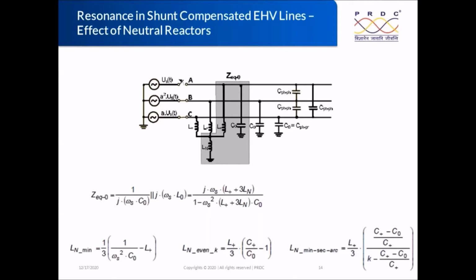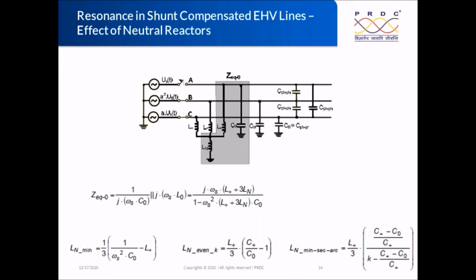Suppose the reactor is bank type or shell type construction for a three-phase reactor, meaning there is no mutual coupling between the phases, so the positive sequence and zero sequence inductance values of the reactor will be the same. When you compare with the positive sequence capacitance, it is only compensated 50%, but with 50% compensation and a zero sequence value of 60%, we are compensating around 90% of the zero sequence capacitance.